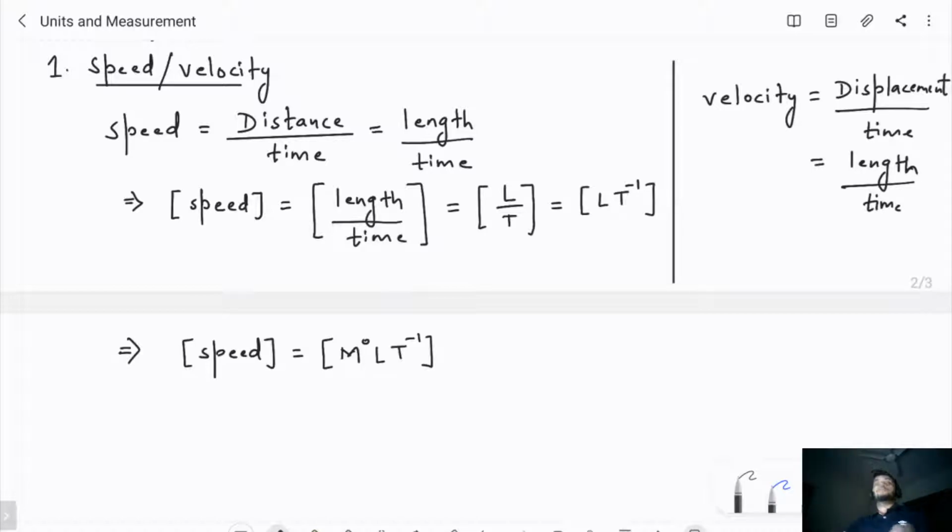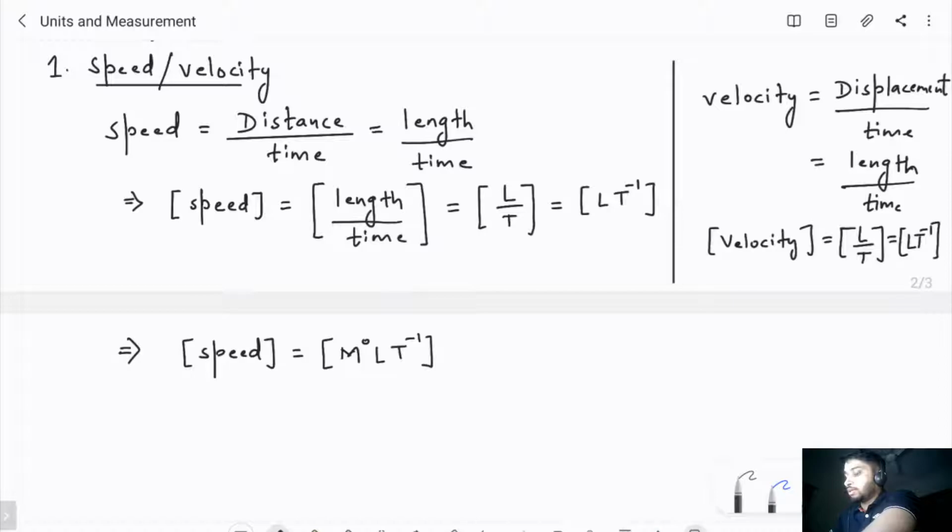So if we try to find the dimensional formula for velocity, it will come out same. This will also be equal to L by T, or LT inverse, we can say.